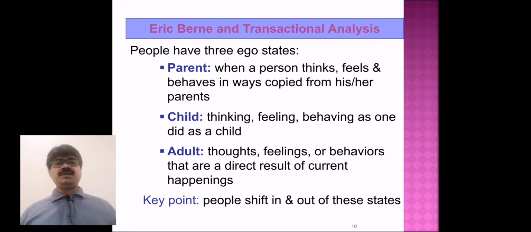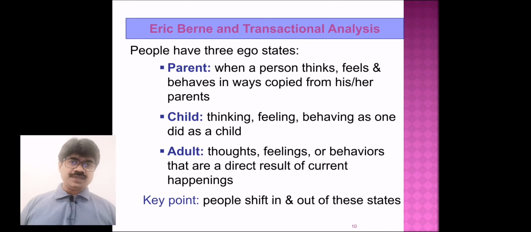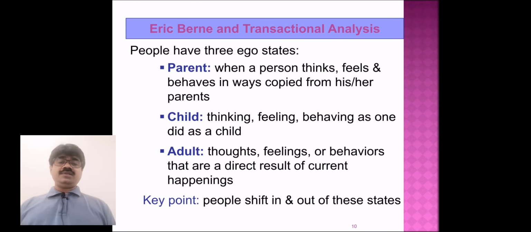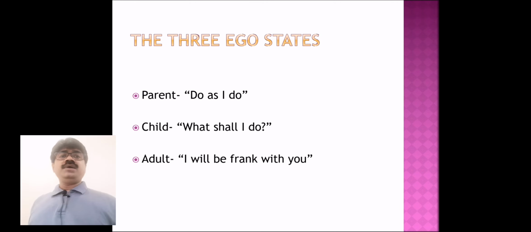So people keep on shifting from one ego state to another. Don't think that you'll be permanent in a particular state. Nobody stays permanent in a particular state. If you stay permanent, that means you have some problem. If you are always in a child ego, that means you have got some problem.